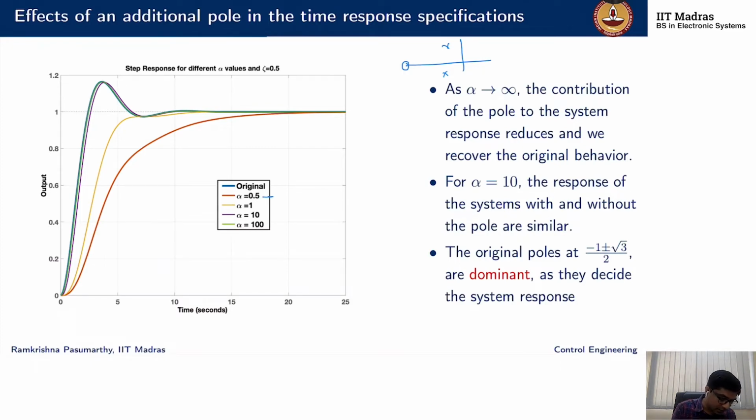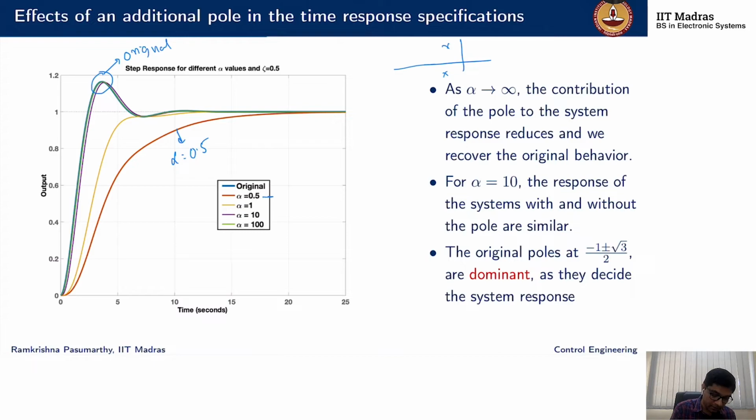My original response is hidden somewhere here, the thick blue curve. This is my original response, and this is when alpha is 0.5. I'm just looking at poles only, right?